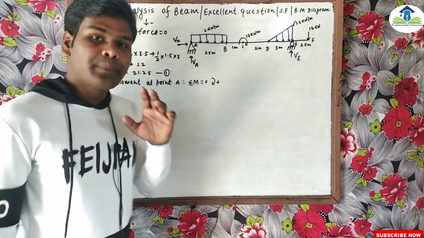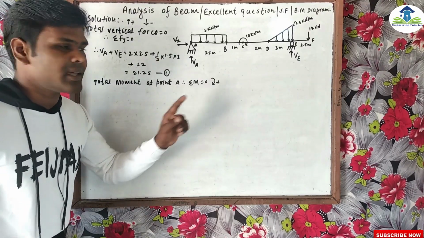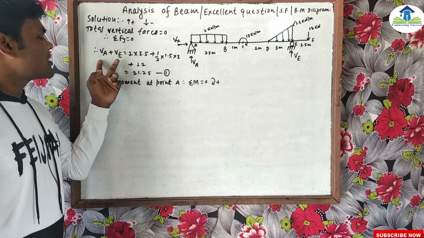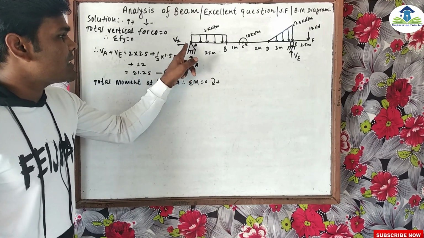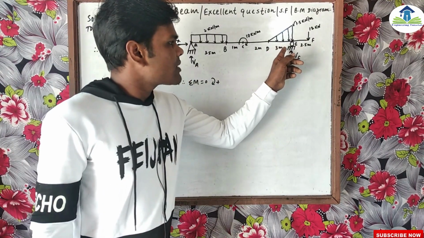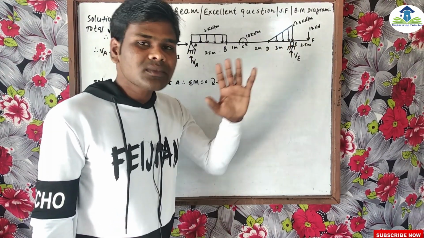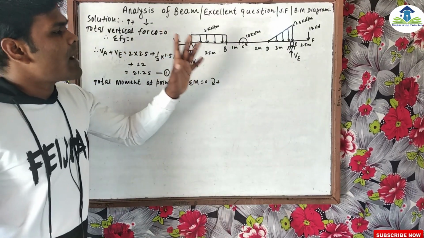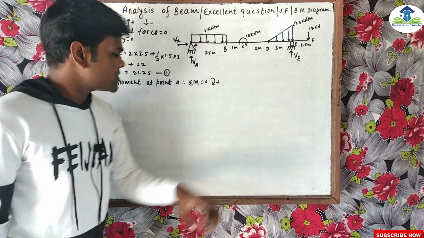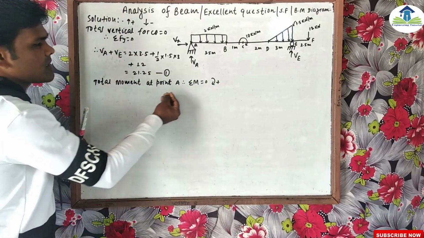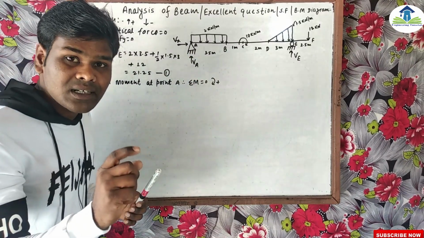By the principle of equilibrium, the total moment acting at point A, since there are two unknown reactions, we can take total bending moment at A equal to 0, or we can take total moment at point E equal to 0, so that we can find one unknown reaction among these. So I take the total bending moment at point A equal to 0, with clockwise moment positive.